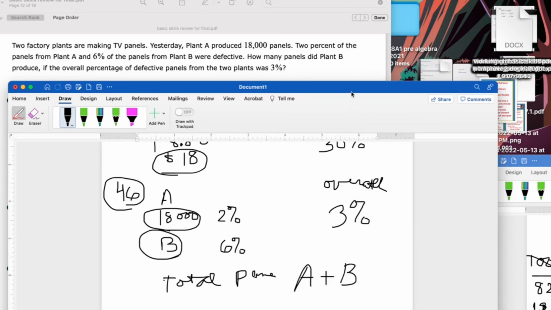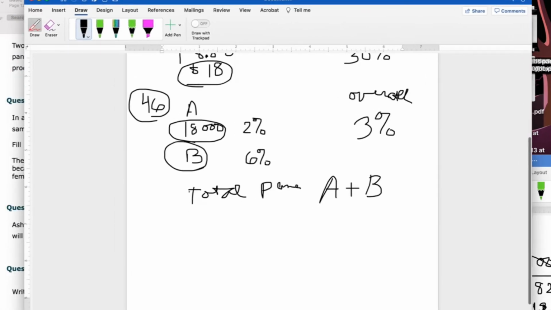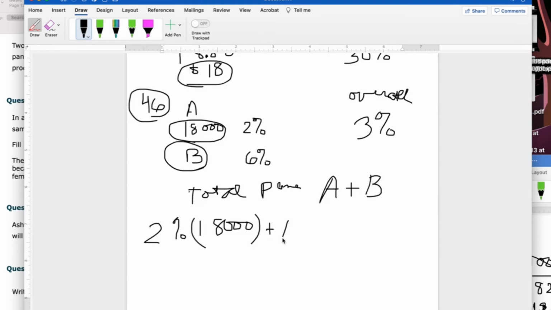Okay, so we're going to give ourselves a little bit more room here. Let's talk about this for a minute. We have 2% of the 18,000, plus 6% of whatever B makes.